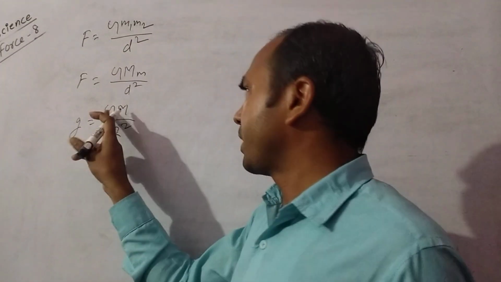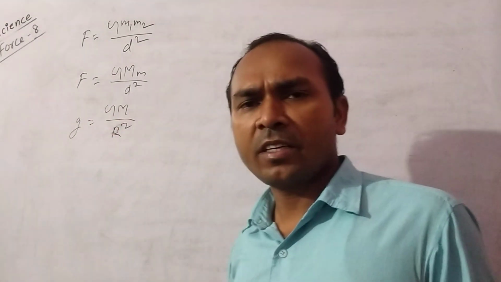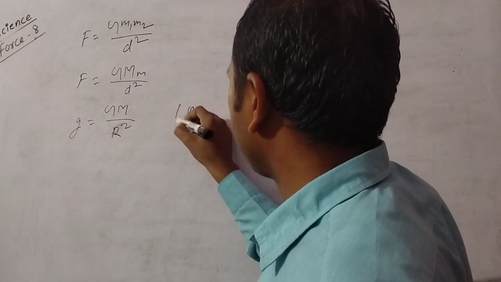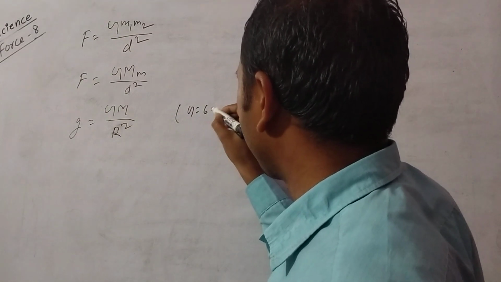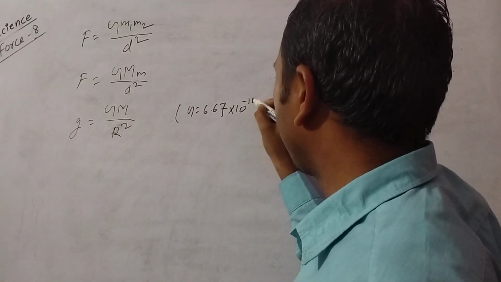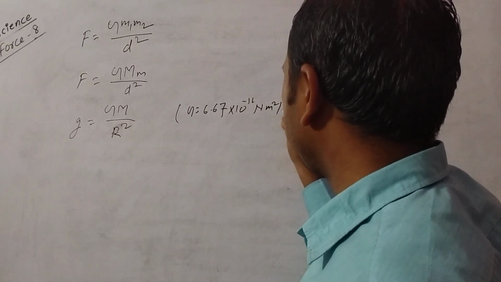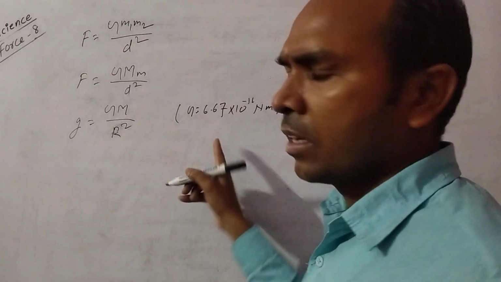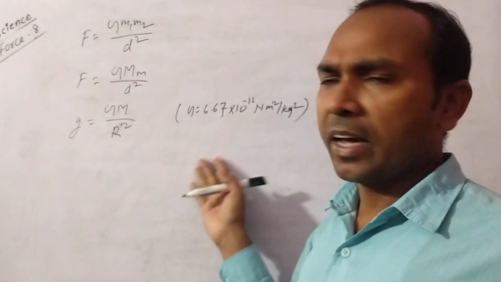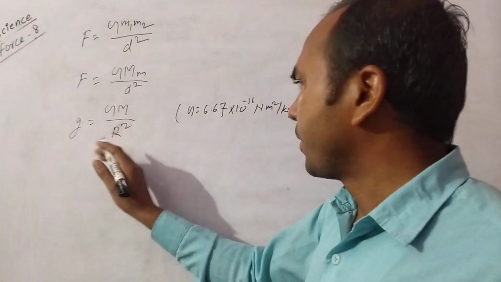Here G is the universal gravitational constant, whose value is 6.67 into 10 to the power minus 11 Newton meter square per kg square. We have to put this value in numericals, and this value is constant.